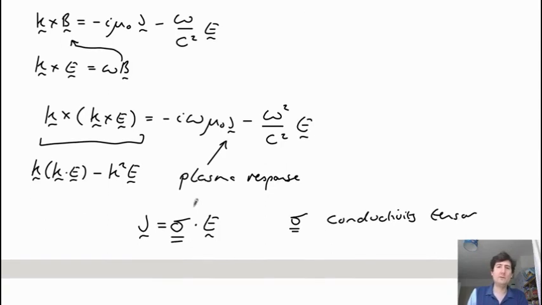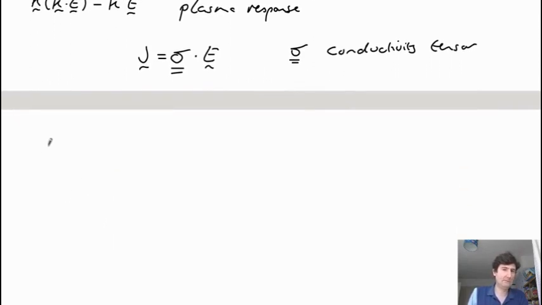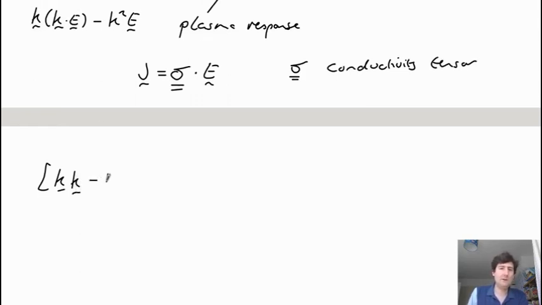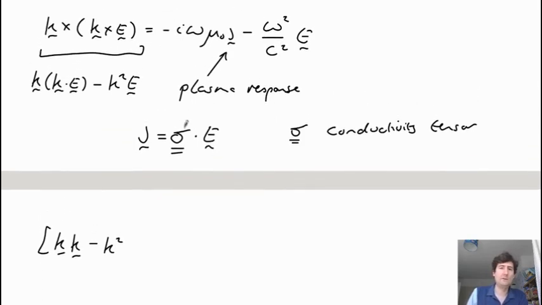And this allows us to write this dispersion relation as: you have a k, k dot E, so here this just ends up with a k, and minus this k squared E. Then this factor here also has just an E. I'm moving it from the right side of the equation to the left, so it becomes a plus.